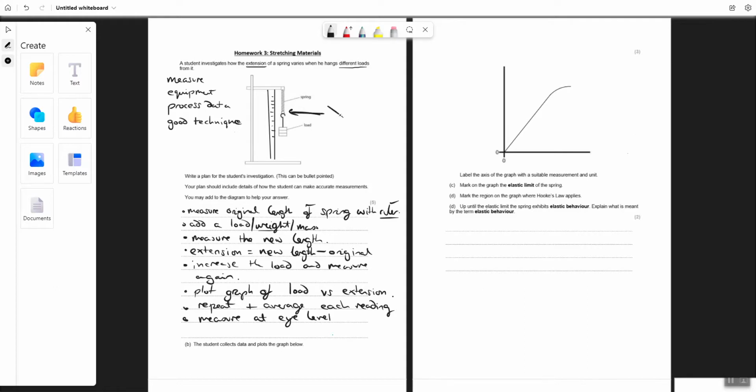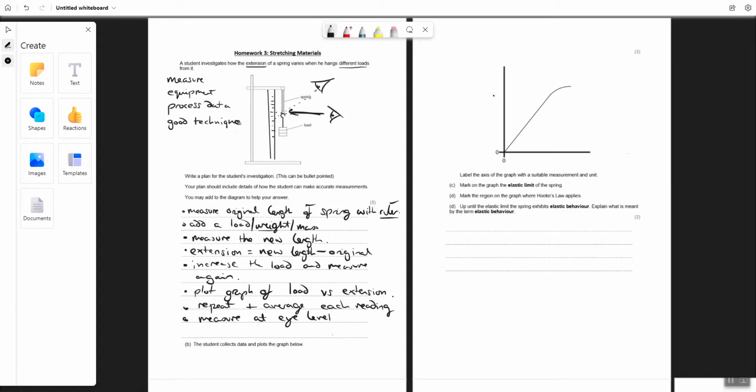My eye needs to be there to get a good reading. If my eye's looking sort of downwards and I'm not being very careful, then actually I'm going to see a reading down here. I'm going to get the wrong reading. So always look at eye level. There's other things you can say, like wait for it to be still. That's perfectly fine, but those are the things that I would say are key.